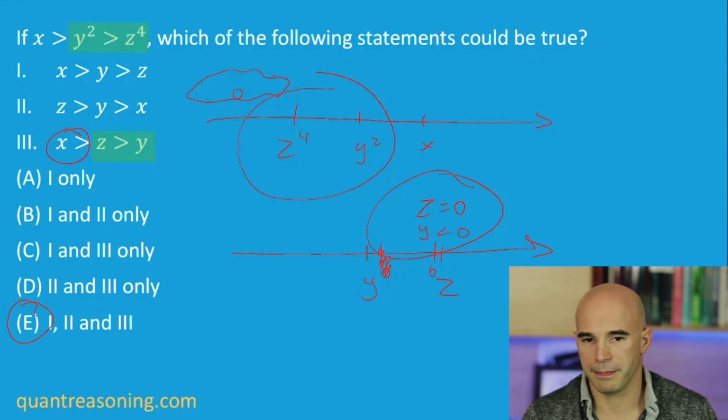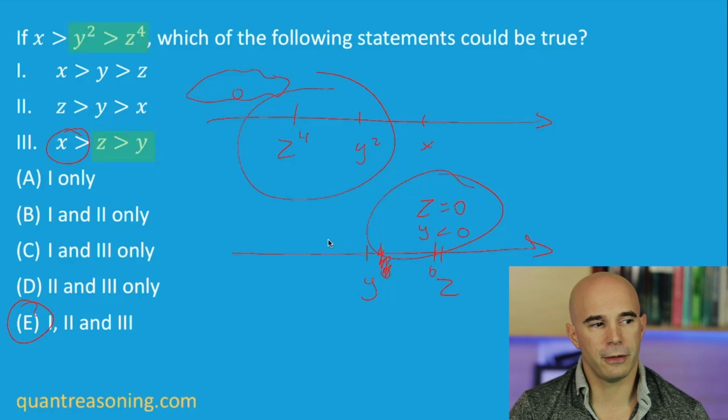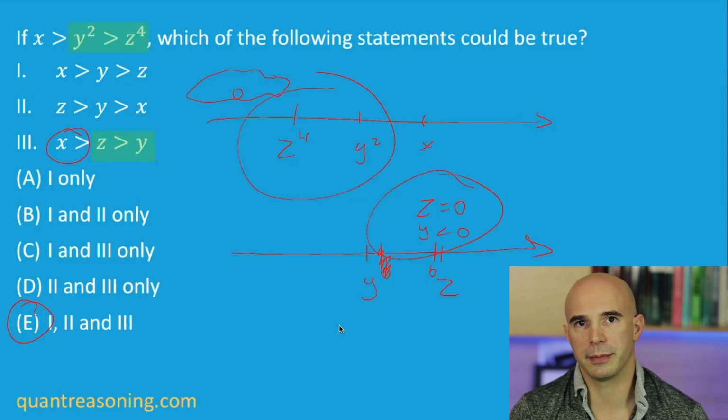I actually think that if you're a visual person, then you are probably better off using number line reasoning and those types of things than algebra. Because algebra doesn't really have anything visual about it. And that's one of the many reasons why I launched quantreasoning.com, right?